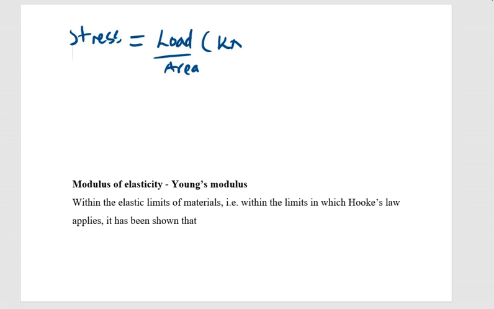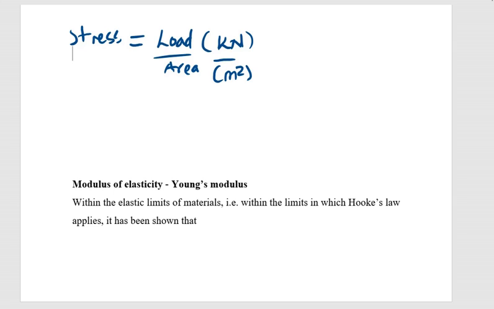It can be in kilonewtons, etc., divided by this area, which is in meter squared. Now, this can be tensile stress, it can be compressive stress, depending on the condition of the load being applied on an object.